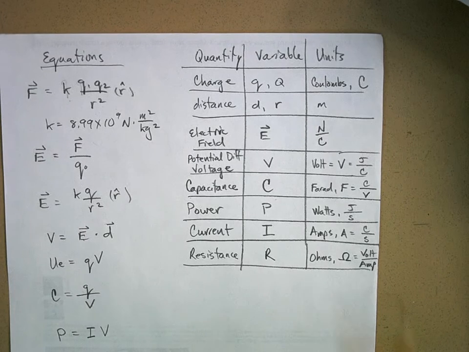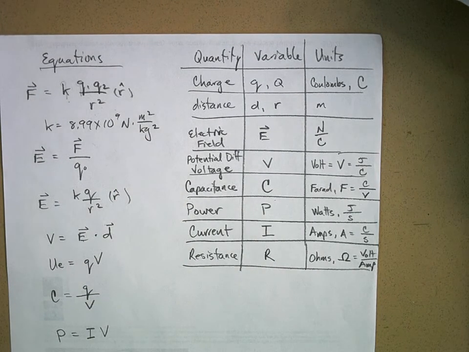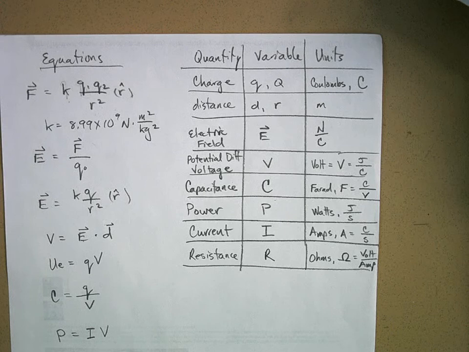And so we have Coulomb's law that describes how much force of attraction or repulsion we get based on how much charge we have. And we're going to assume that these are point charges. I'm going to give you 2 point charges, and I'm going to ask you questions about, like, are they attractive or repulsive? How much force is there? What's the electric field a certain distance away from things?